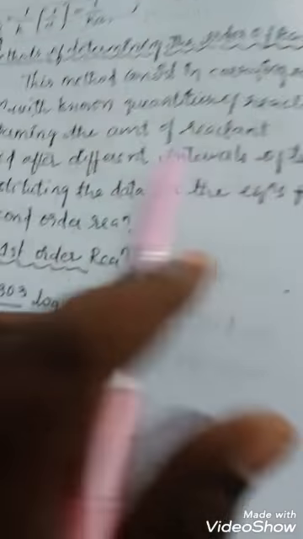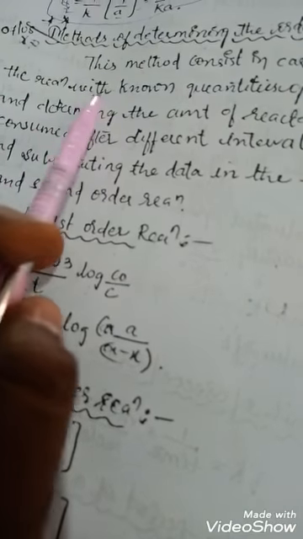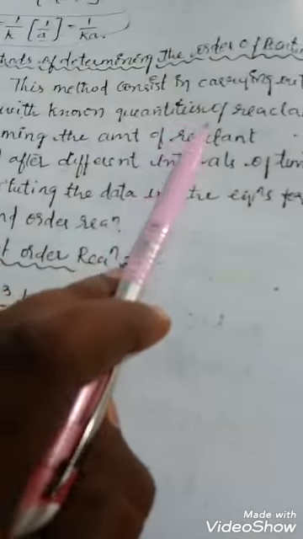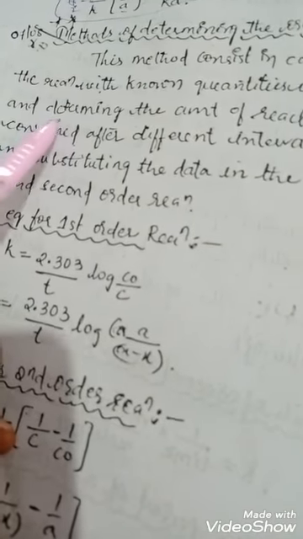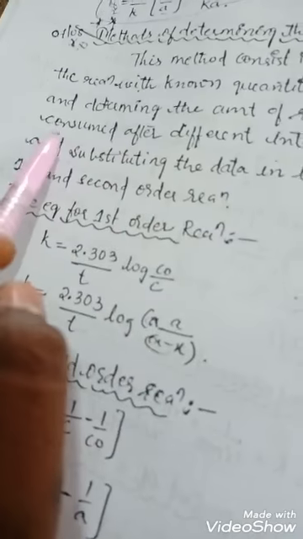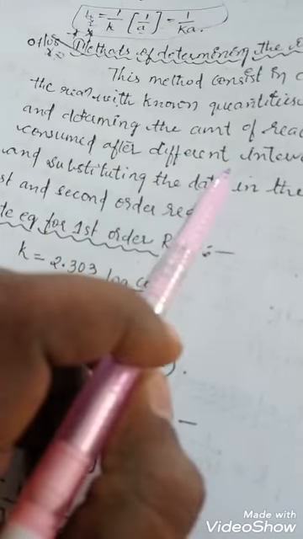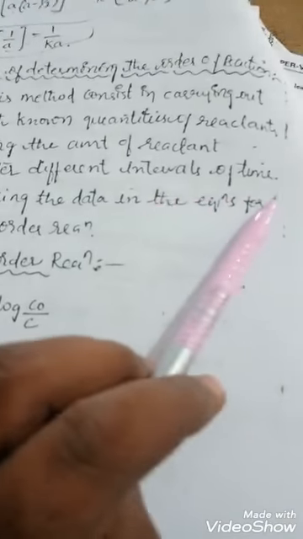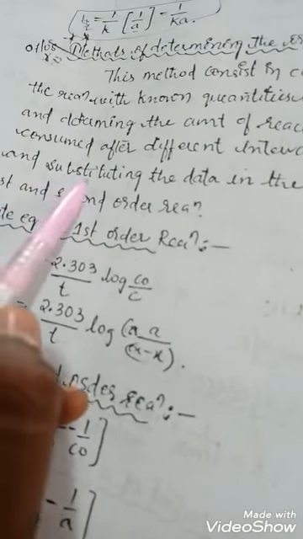This method consists in carrying out the reaction with known quantities of reactants, and determining the amount of reactant consumed after different intervals of time, and substituting the data in the equation for first and second order reaction.